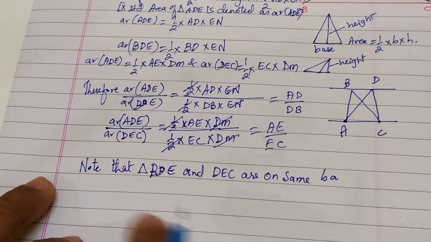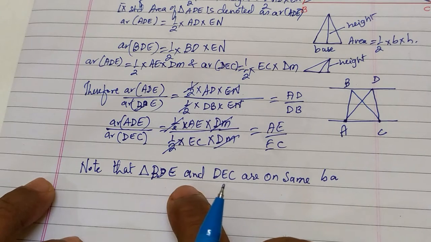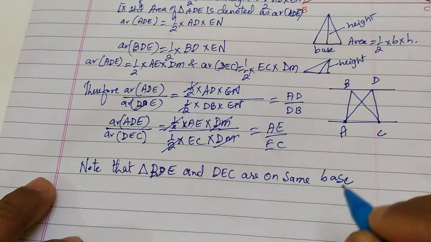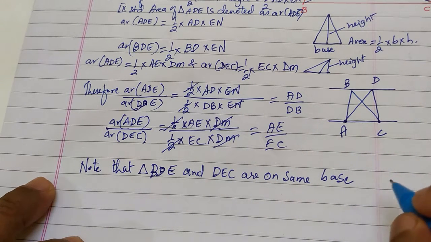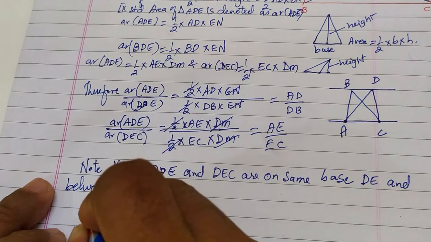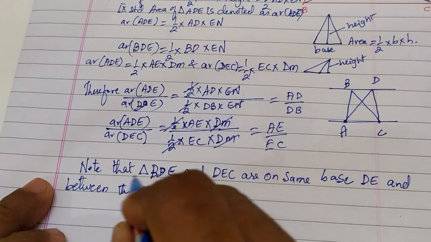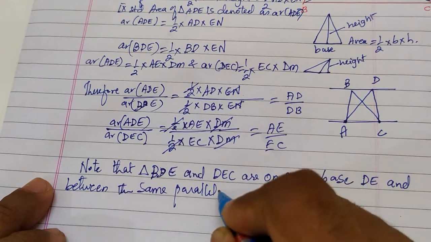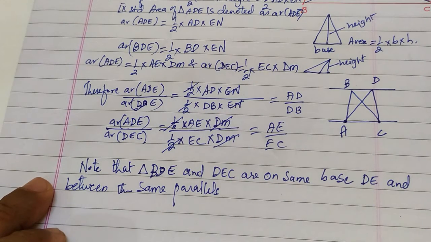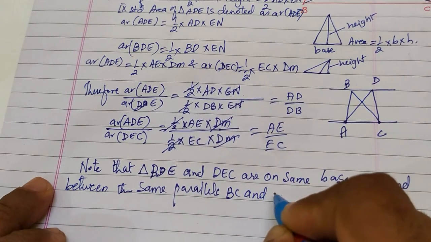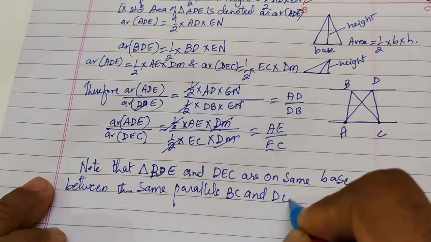Note that triangles BDE and DEC are on the same base DE and are between the same parallels BC and DE.